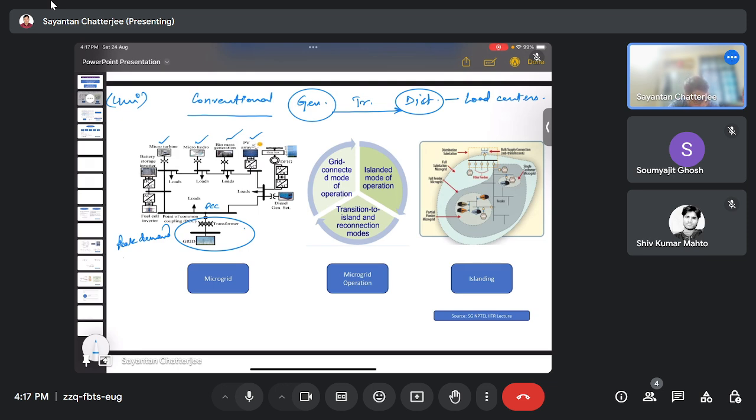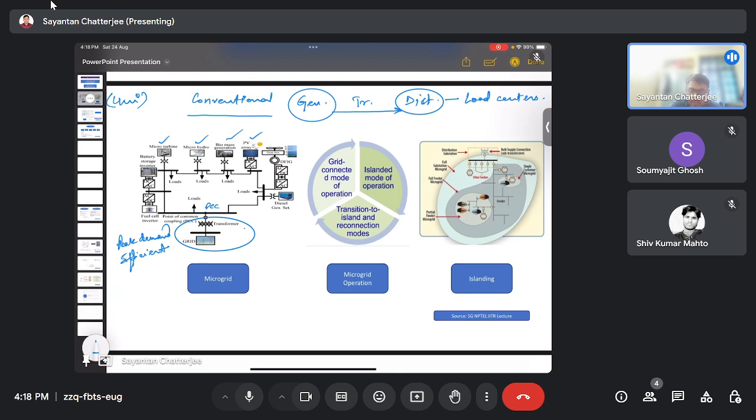Also, they are efficient in operation because they need a lesser amount of resources. Since they are placed in the load center itself, they can directly deliver the generation to the customer end without any kind of transmission losses.